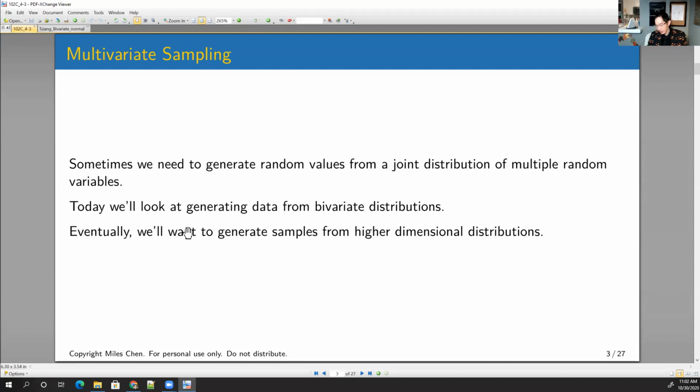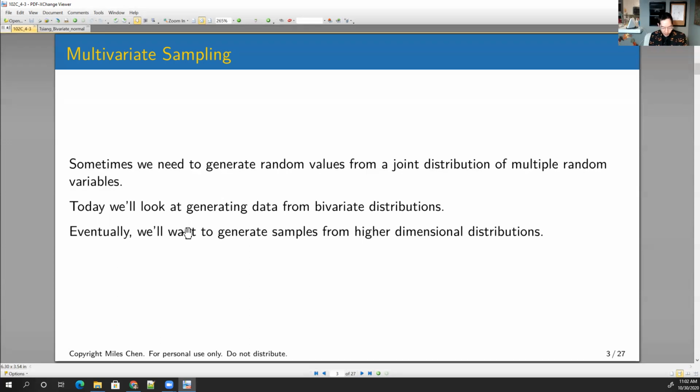We've got a bunch of tools in R, like rnorm and rbinom and rbeta, all sorts of things. And then we looked at tools for dealing with distributions that aren't as easily found, so inverse CDF and rejection sampling and all of that.